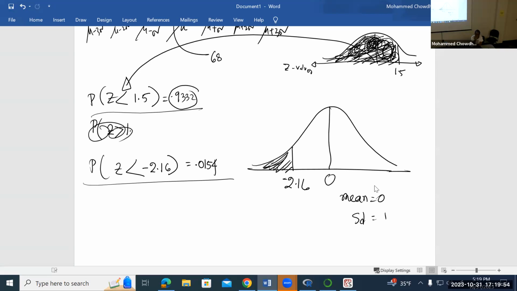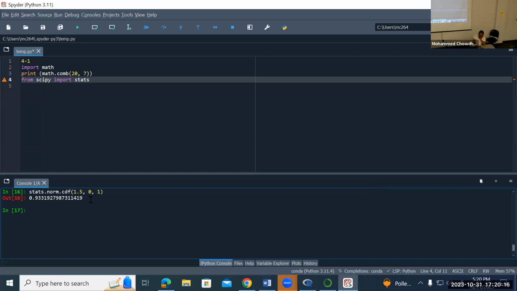If the mean is different than 0, we will plug that mean in. If the standard deviation is different than 1, we will plug that in. Thank you. I forgot to explain this. So we should just assume it's that until told otherwise. Yeah, until the question mentions that your mean is this and standard deviation is that. So 0 is the mean of the normal distribution and 1 is the standard deviation.